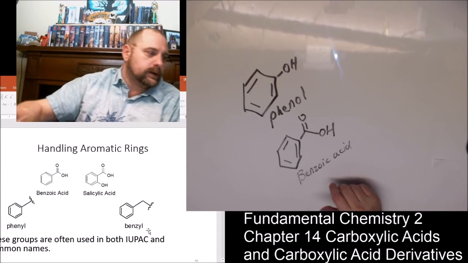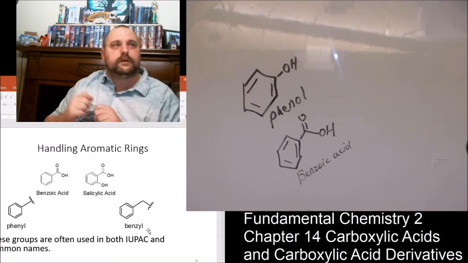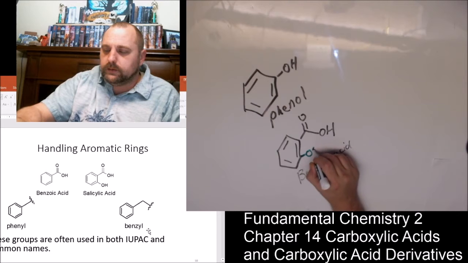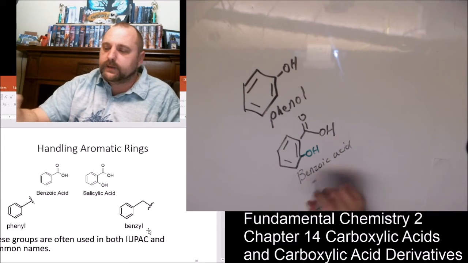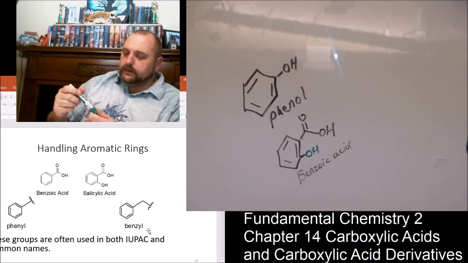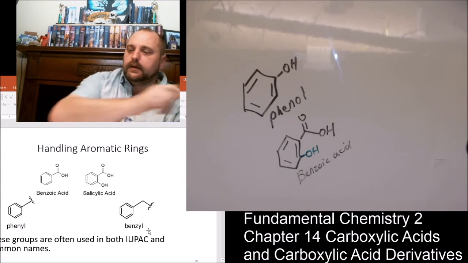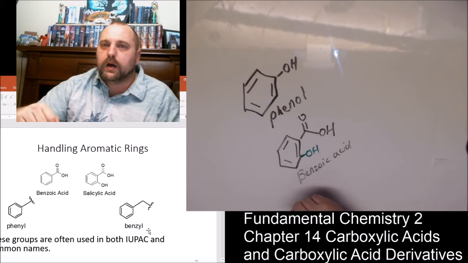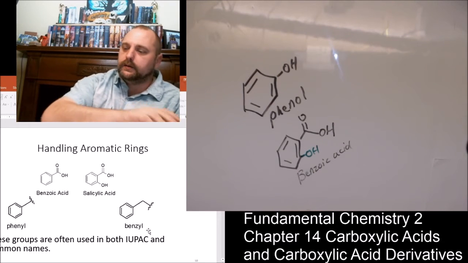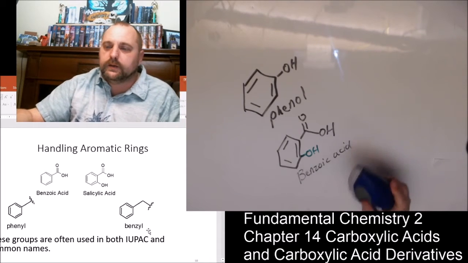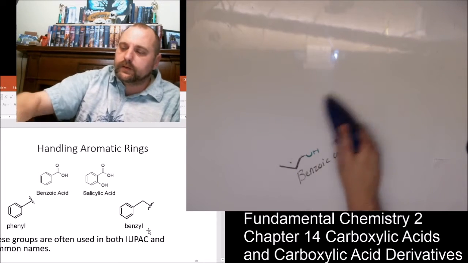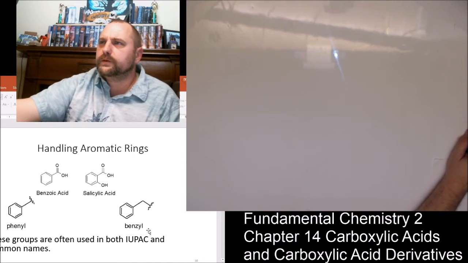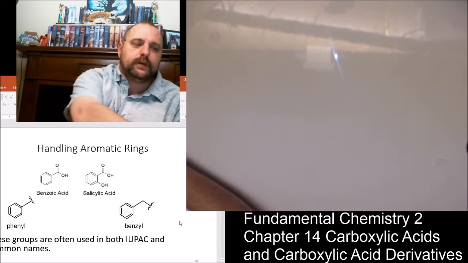And in lab, we're going to start with salicylic acid quite often. And salicylic acid has an OH in the ortho position, remember, a 1-2 position. So with salicylic acid, that extra OH there is going to greatly increase the water solubility, and so we use it for things such as making aspirin. Right?